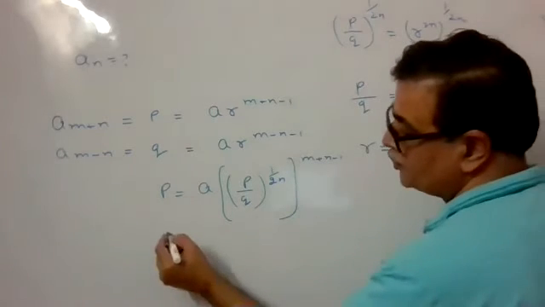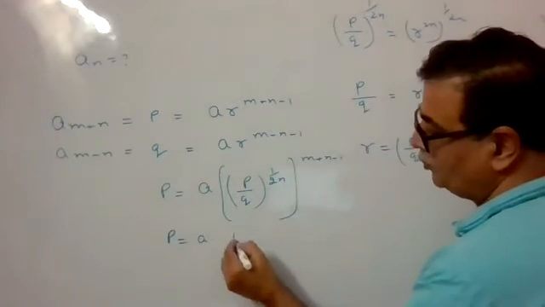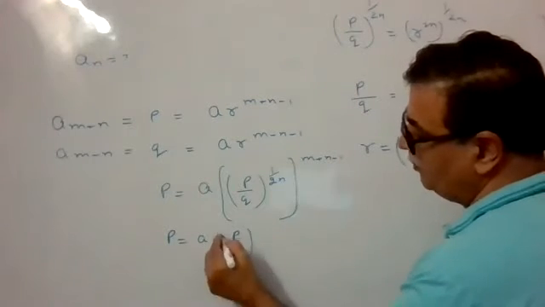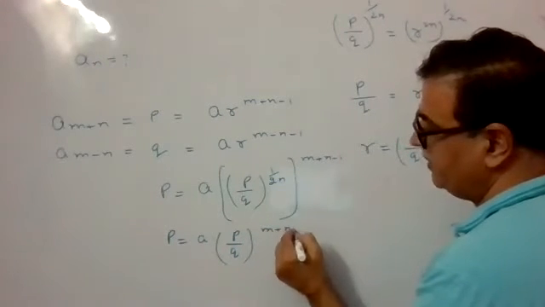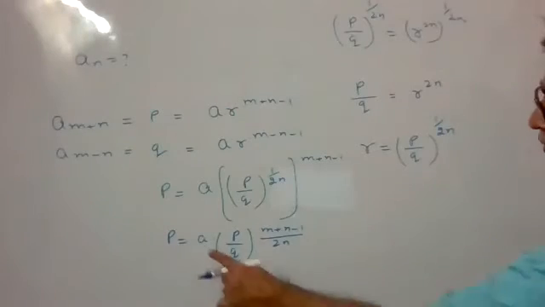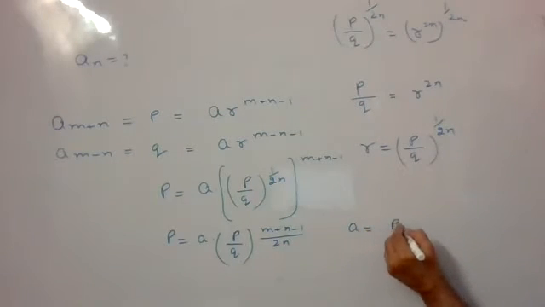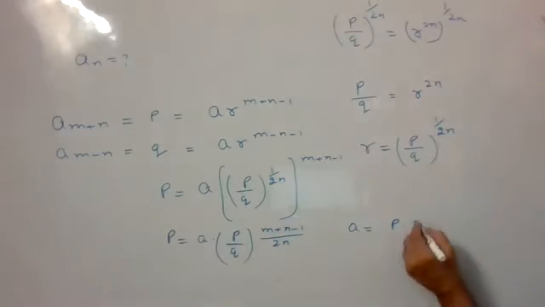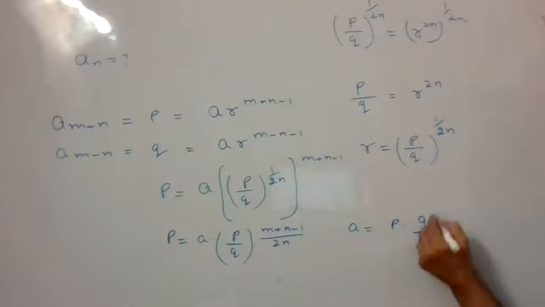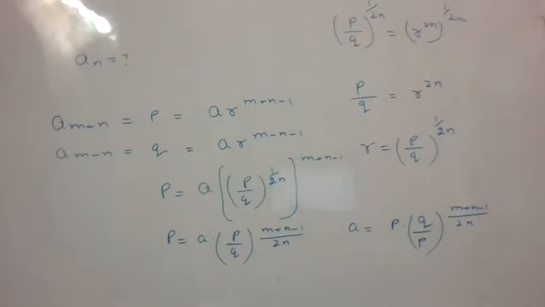Right? Then P is equal to A, this will come out to be P by Q whole power M plus N minus 1 by 2N. And as you want A, this item I'll take to that side. So P as it is, and when you go this side, it will become Q by P. So I got A, I got R.